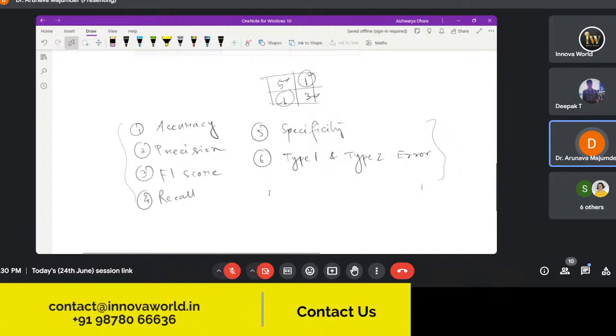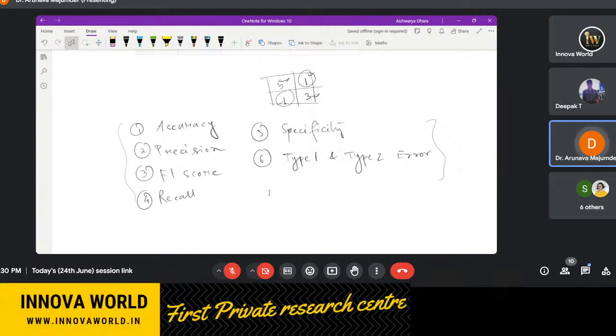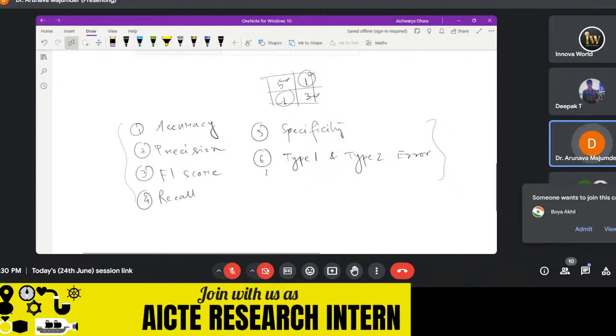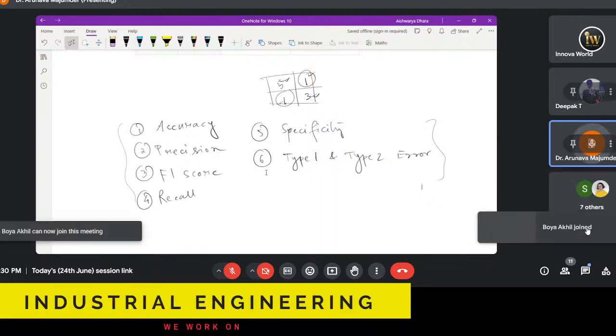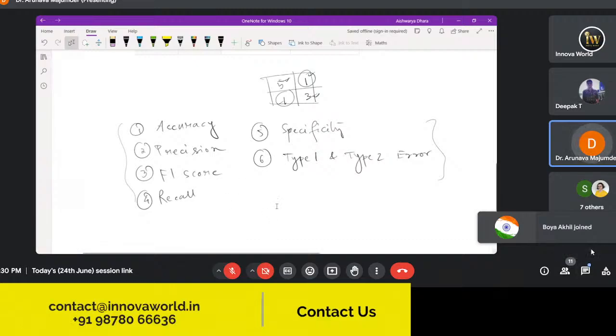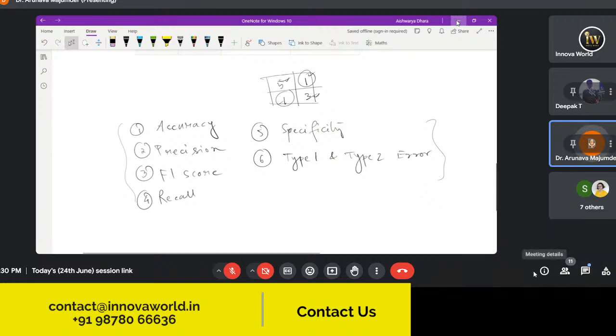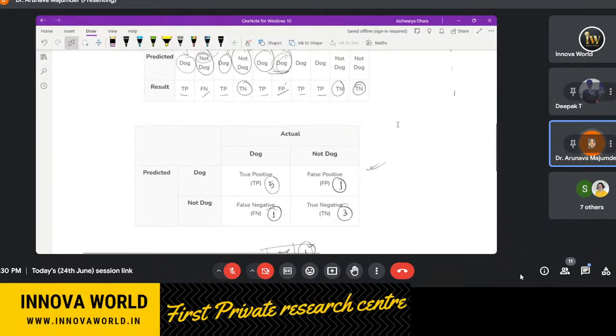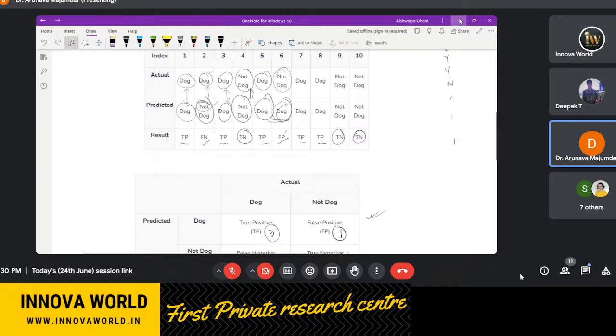Use those formulas, freely available on any website. Otherwise, in Python you can easily obtain all these metrics with just one command. I am showing the same thing in Python Jupyter Notebook. Let me share the screen.